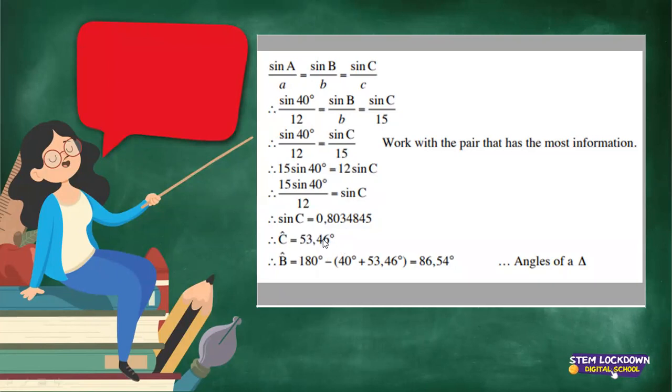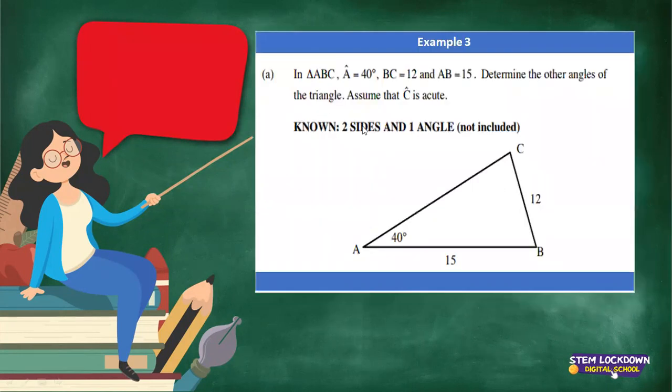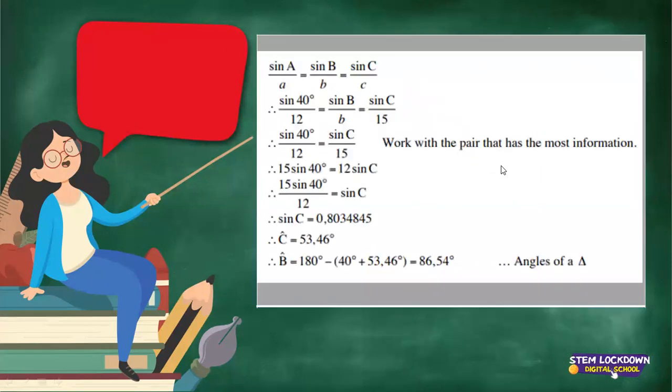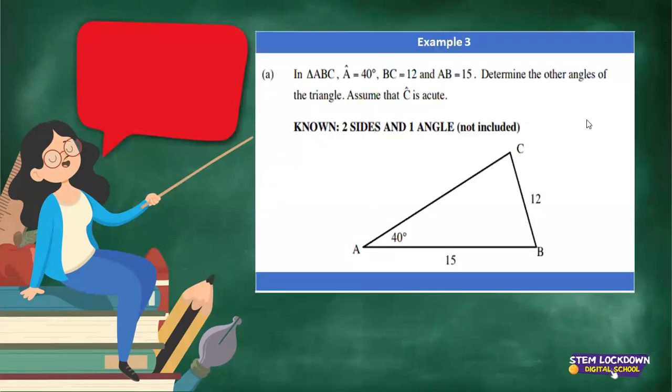Here our C is 53.46, and we are told that our triangle is an acute angle triangle, so 53.46 is an acute angle, then it's fine. So 53.46 is our angle C.